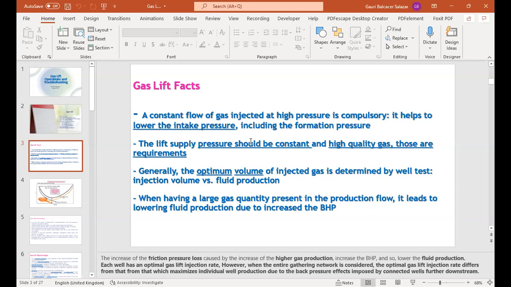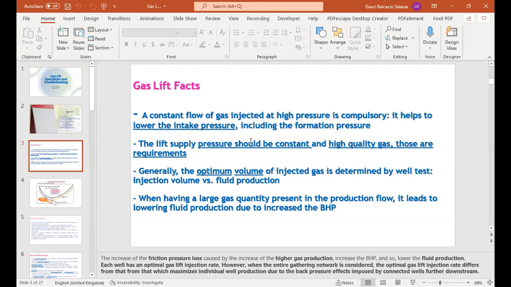By doing this, we are lowering the fluid production. We are decreasing the production, so we are going the wrong way. So we have to be aware of how much gas is being produced above the injection point.